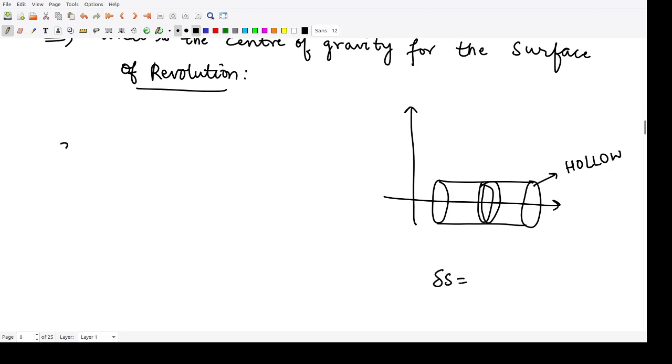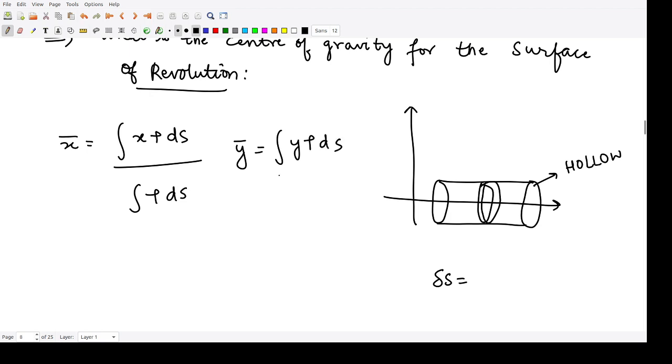So for that, the general coordinates would be integration x rho ds divided by the total rho ds, and the y coordinate would simply be integration y rho ds divided by integration rho ds. The summation of all the masses in the y coordinates divided by this total mass, right? Sorry, here it should be integration rho ds. Yes, these are the general coordinates.